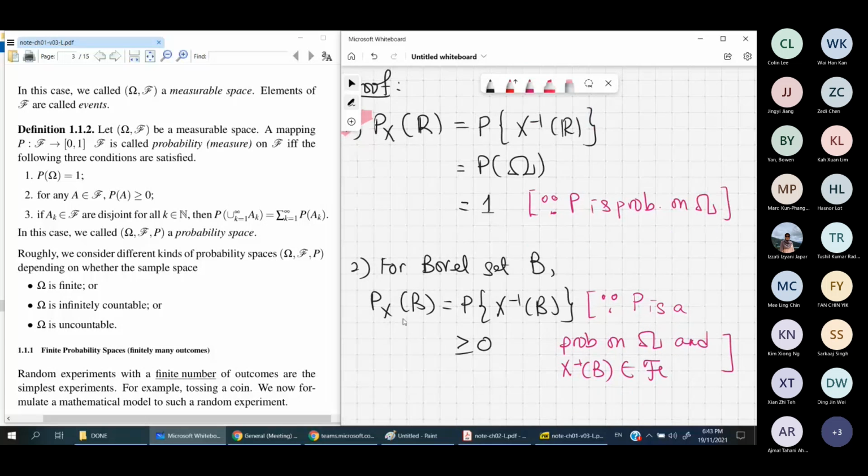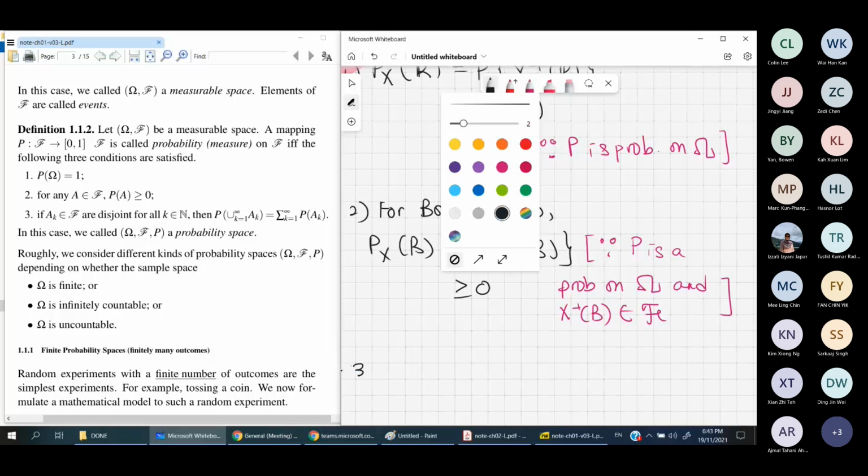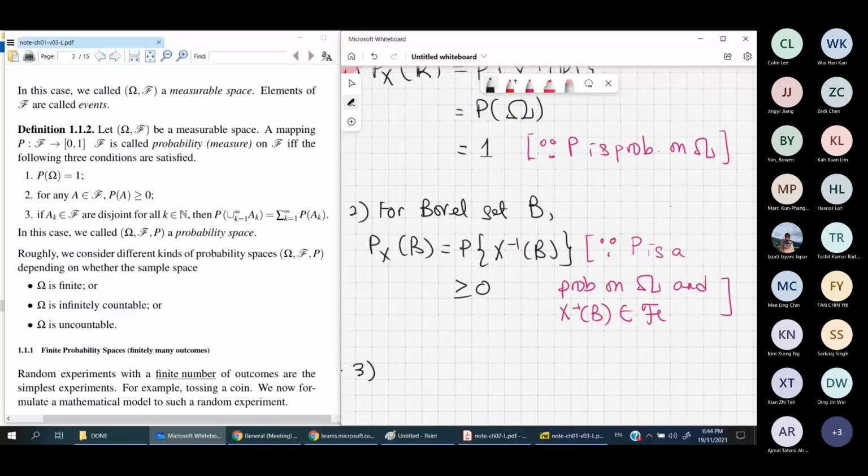Lastly, we need to verify the third condition. Supposing we have A1, A2, and so on which are disjoint Borel sets, we want to show this relation holds.